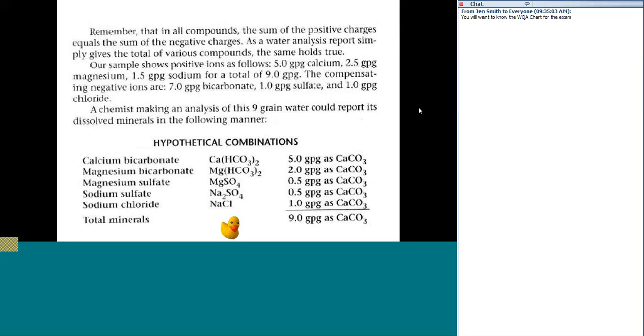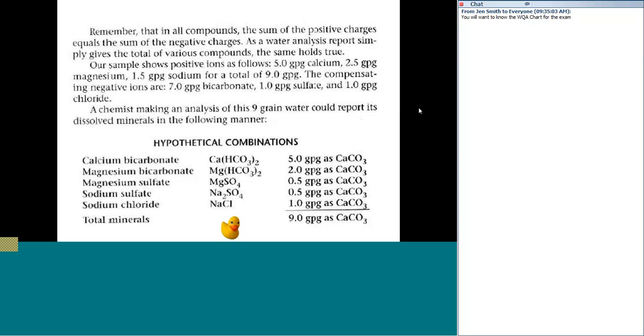So if you have a water analysis report showing all the substances in the water, they're going to give you a total hardness level. It's going to say hardness as CaCO3, is what you're going to find. But remember, you can have other compounds that make up that hardness.